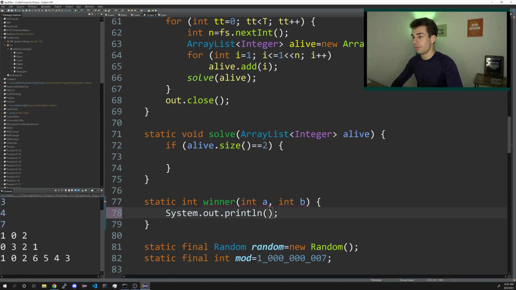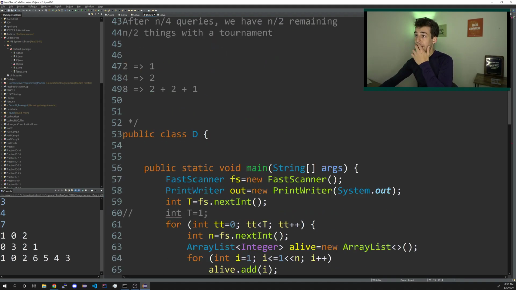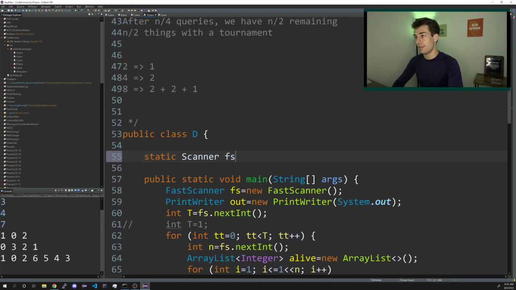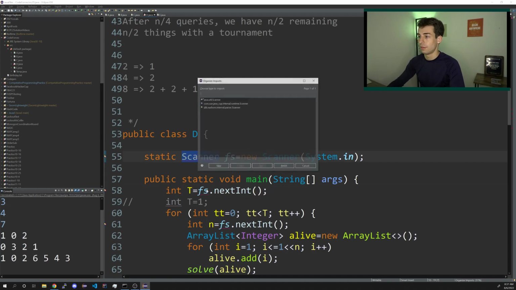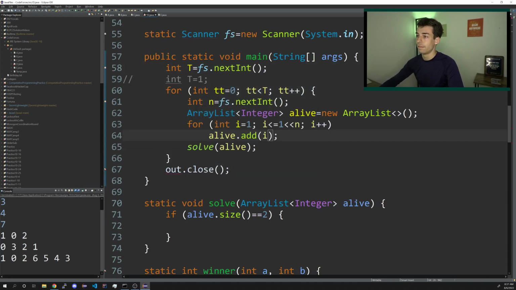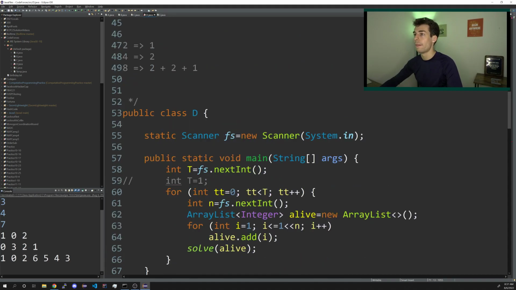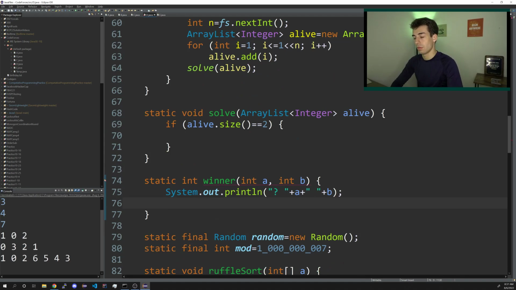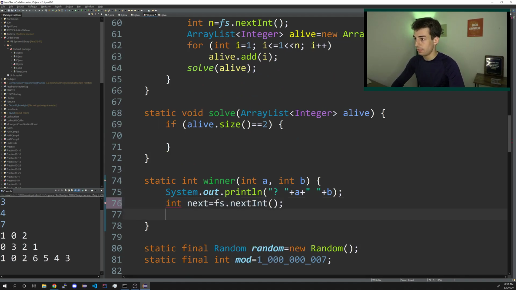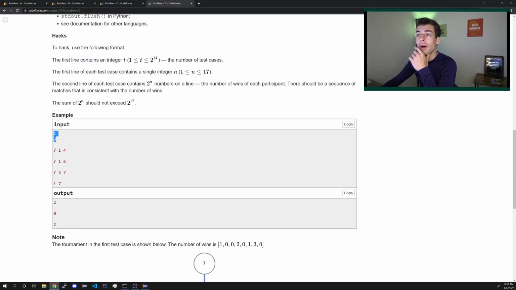So this out question mark a plus b, and then we'll have static Scanner fs equals new Scanner System.in. Don't need this. fs.next int. So then what do we print here?